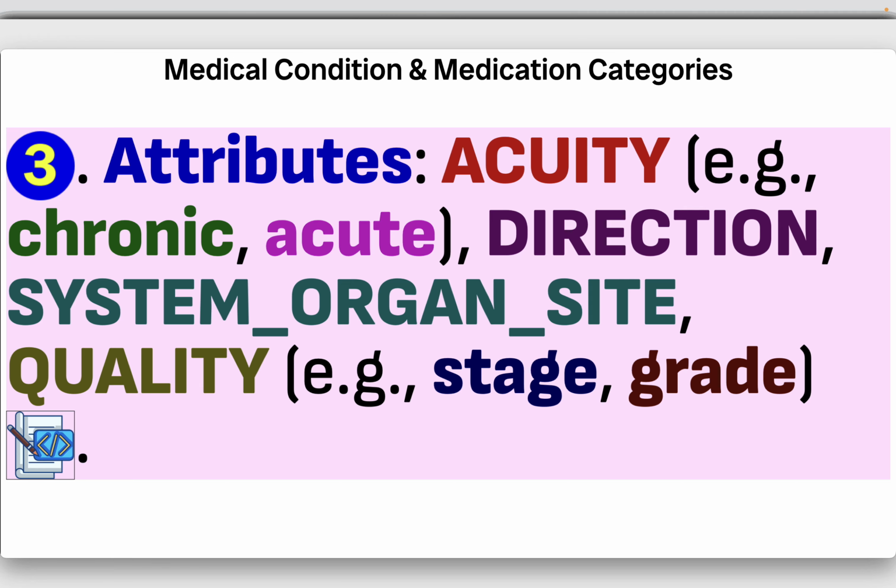Attributes related to DX name include acuity, like chronic or acute, direction, for example left, right, system organ site, which is anatomical location, and quality, which is descriptive terms like stage or grade.